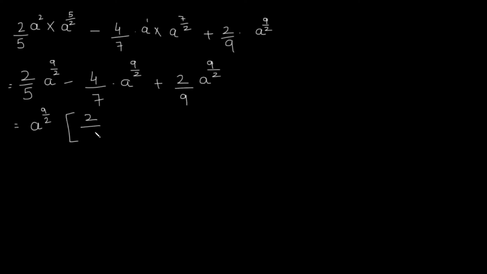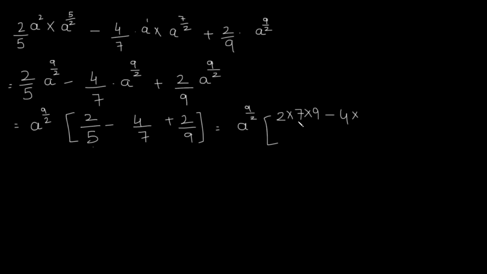So we'll be getting 2 upon 5 minus 4 upon 7 plus 2 upon 9, which turns out this way, that is a raised to 9 by 2 into, now cross multiplying and equalizing the denominator, we are going to get this in each case, that is 2 into, we multiply by the other two denominators which are there, that is 2 into 7 into 9 minus 4 into these two denominators 5 and 9, 4 into 5 into 9 plus 2 into 5 into 7. The whole upon all the three denominators multiplied together.